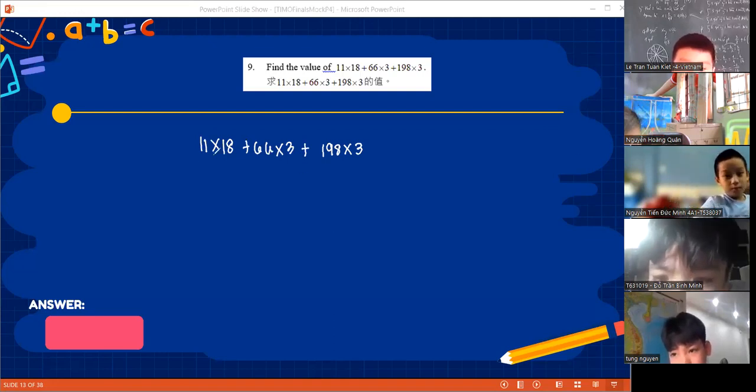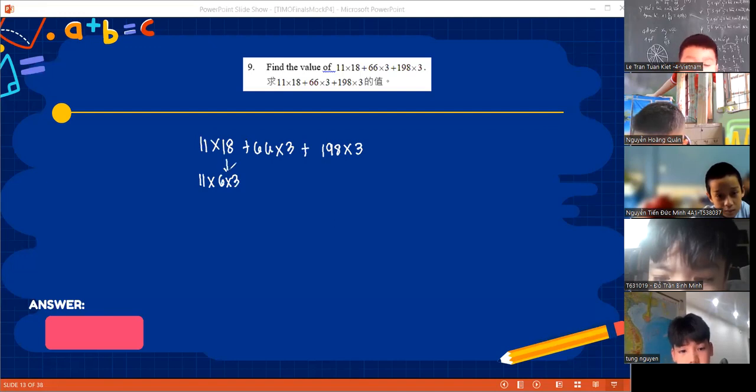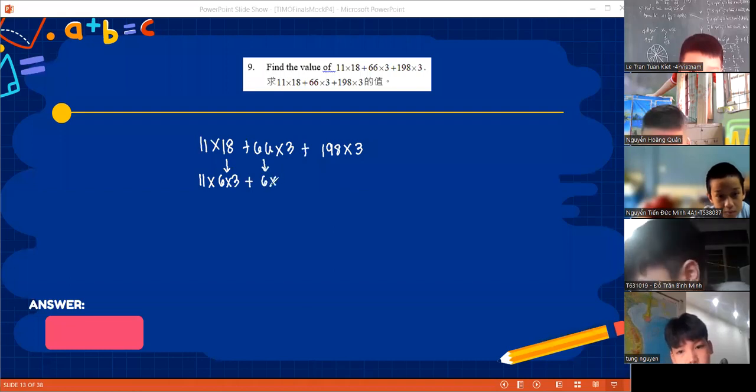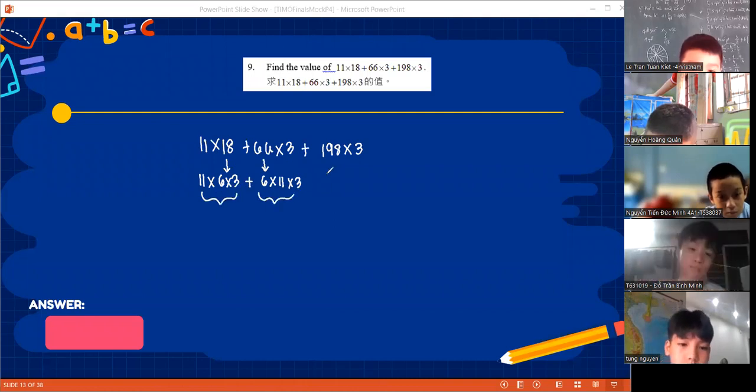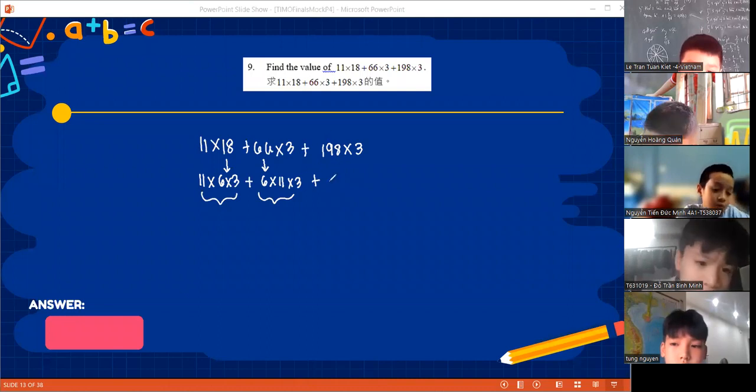So this one here is 11 times 6 times 3, right? This is the value for your 198. While this other one, your 66, is again 6 times 11 times 3. Basically, they are just the same, right? Then your 198 here is still 6 times 11 times 3.